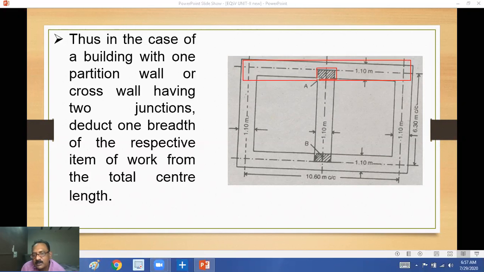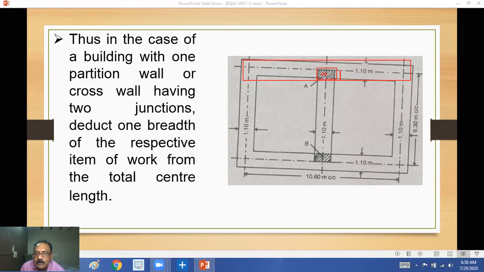When you go in the shorter direction from here to here, what will happen? This becomes double. So from this length we have to deduct half of this total width, half of the side width. As it is symmetric, that's why total center line length minus half of the number of junctions.